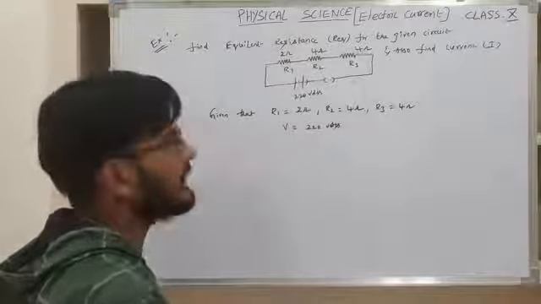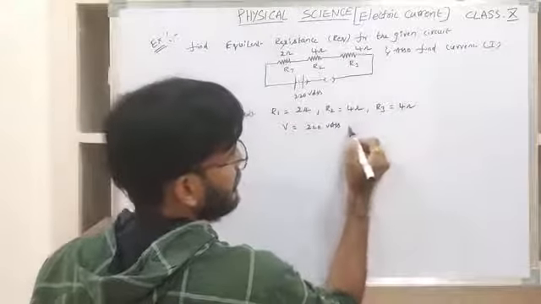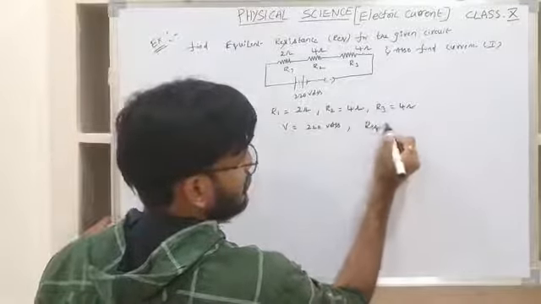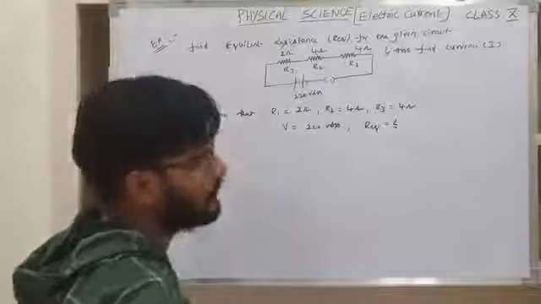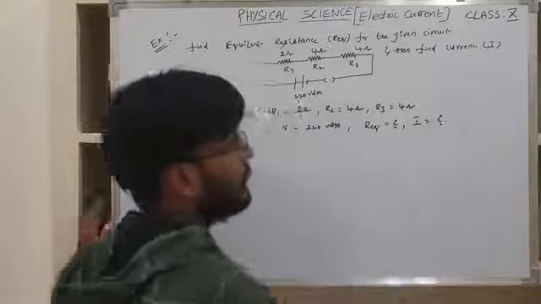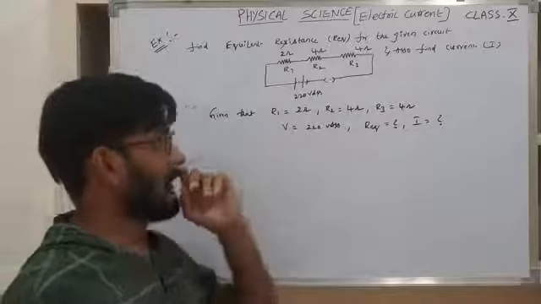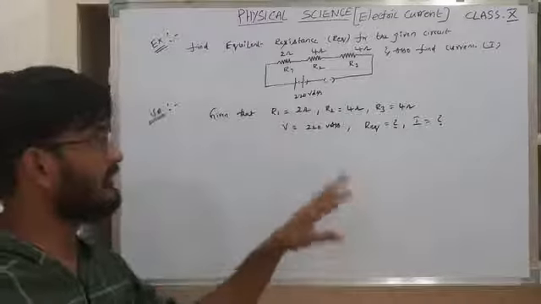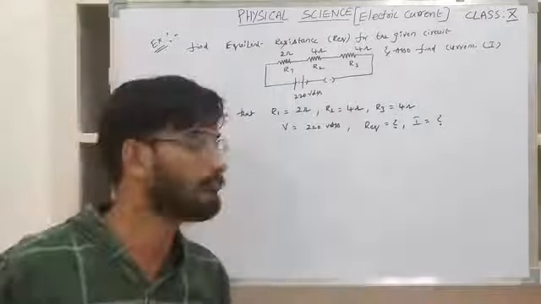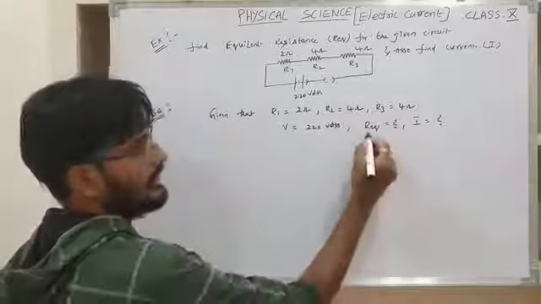Right. Now we are calculating the equivalent resistance Req and current I. We don't know about the current. So this is the given data from the problem. First of all we calculate Req.